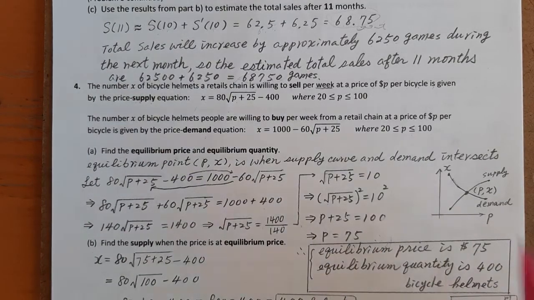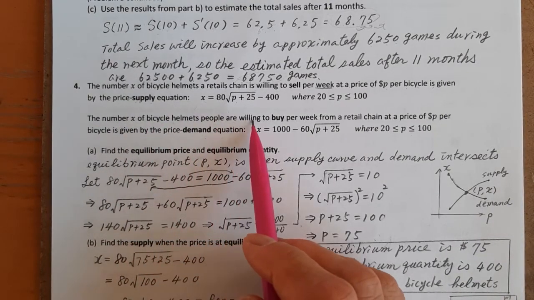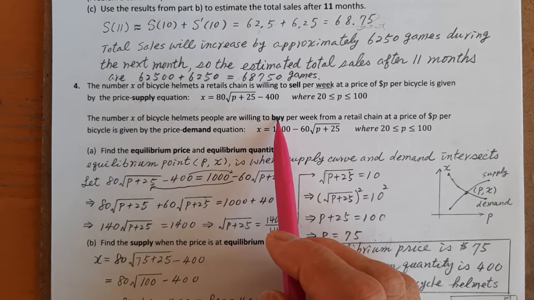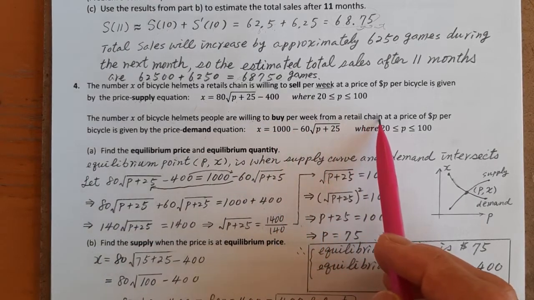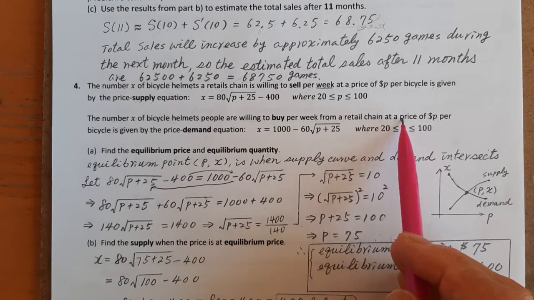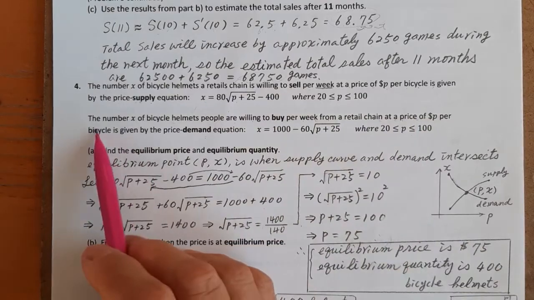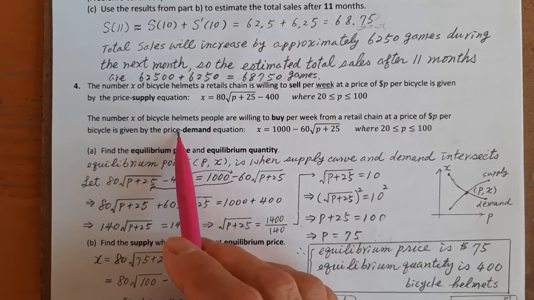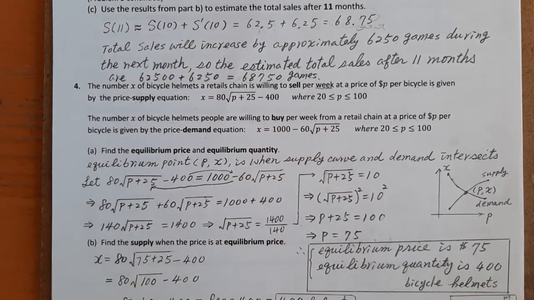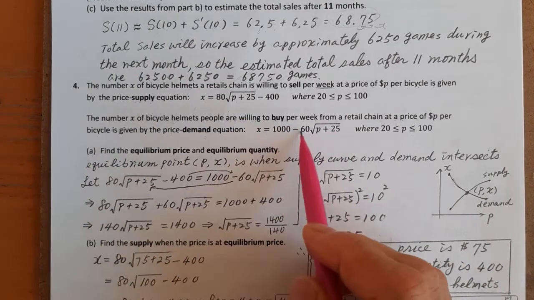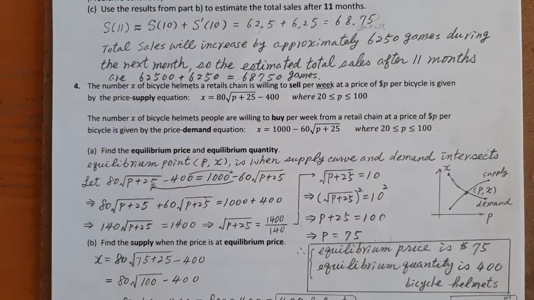The number X of bicycle helmets people are willing to buy per week from the retail chain at a price of P dollars per bicycle helmet is given by this price demand equation. This is the demand equation, this is supply, this is demand.